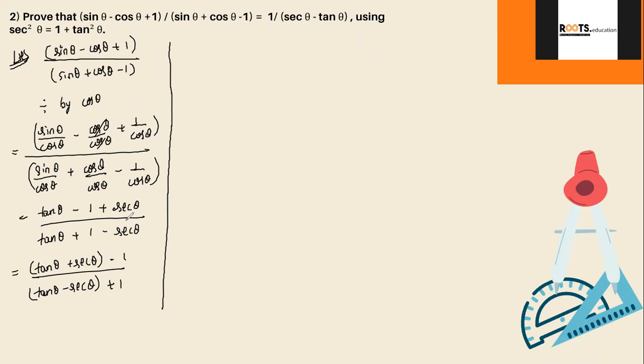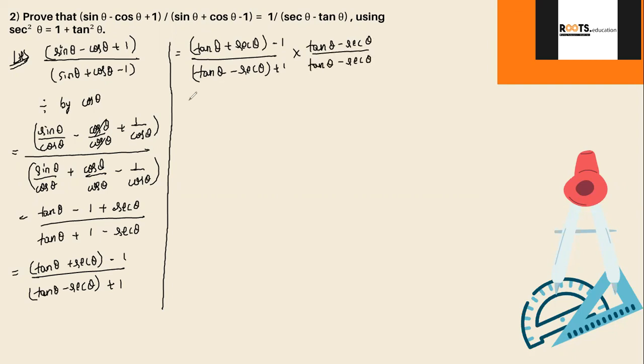So then you multiply and divide by tan theta minus secant theta. So what happens? Tan theta plus secant theta minus 1 by tan theta minus secant theta plus 1, into tan theta minus secant theta by tan theta minus secant theta.